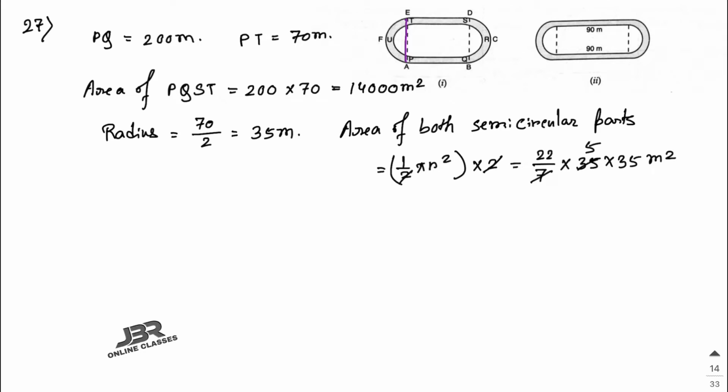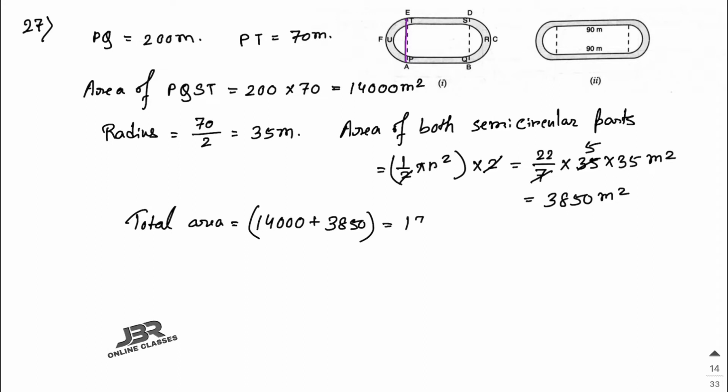So that equals 3850 meter square. So that means total area of the grass enclosure, 14,000 plus 3850, equals 17,850 meter square as the first answer.